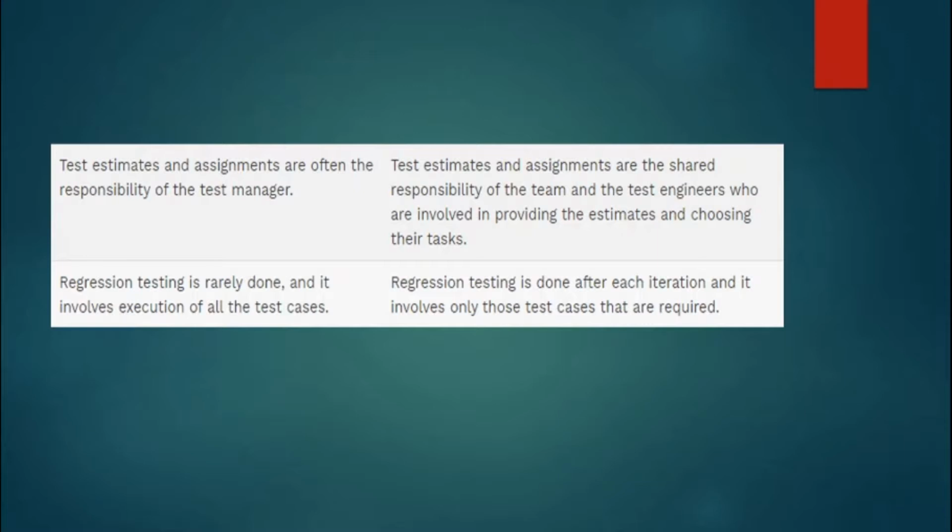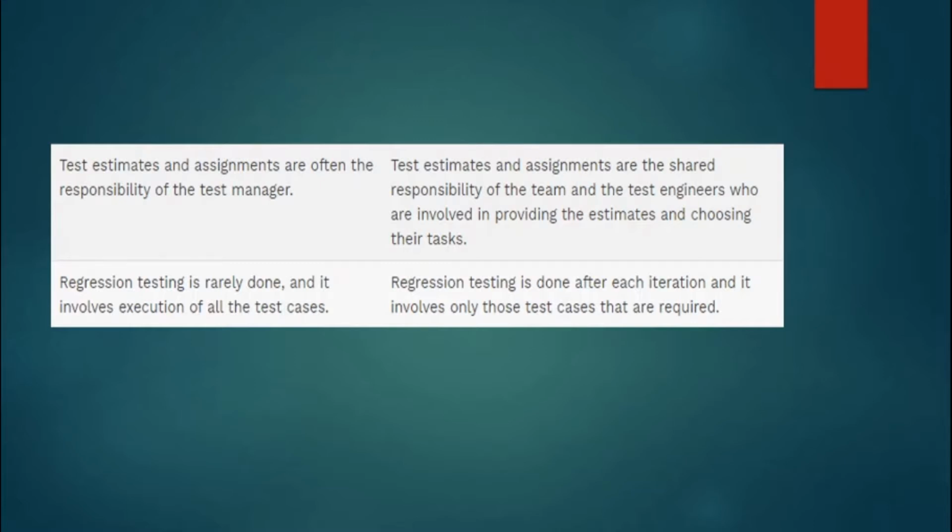Also, in the waterfall model, regression testing is rarely done and it involves execution of all the test cases, whereas in agile, regression testing is done often and it involves only those cases that are required.